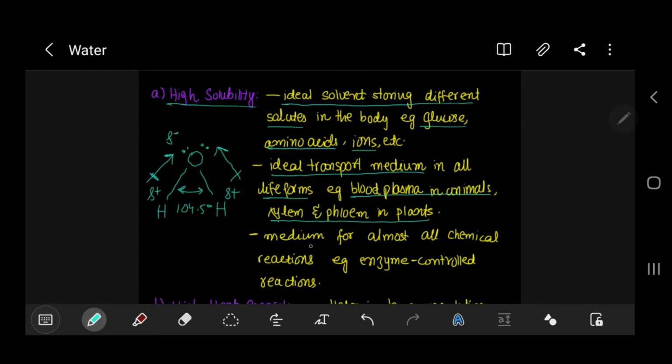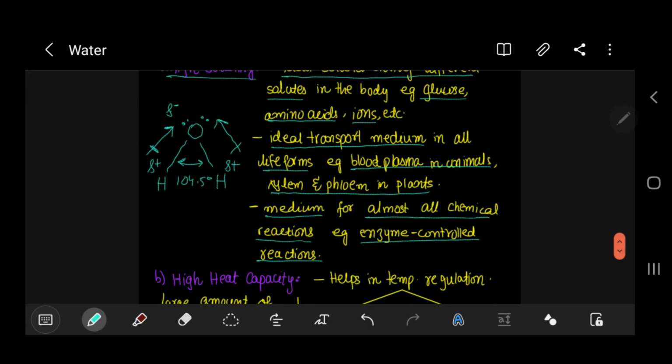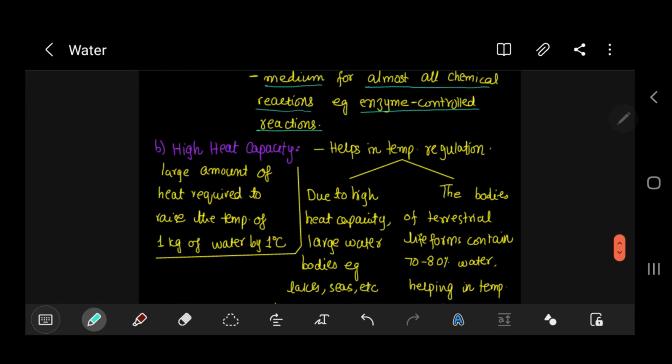It also acts as a suitable medium for almost all chemical reactions. Example, enzyme catalyzed or enzyme controlled reactions that happen in the body, metabolic reactions.